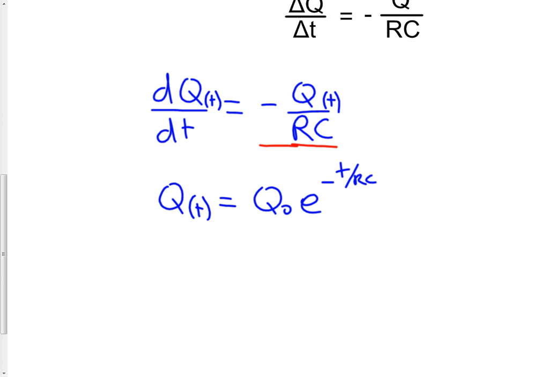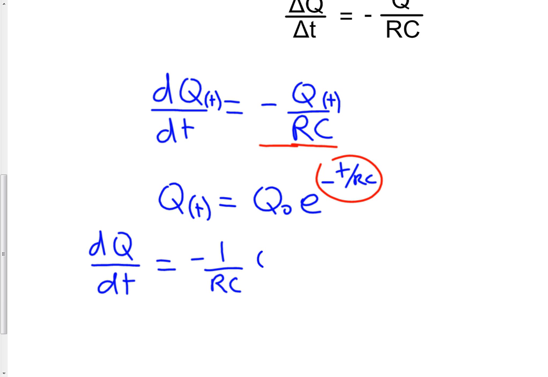This should probably work. If I differentiate both sides, then dq by dt is going to equal, have a look at the exponent up here, multiplied by the derivative of that, so minus 1 on RC q naught e to the minus t on RC.